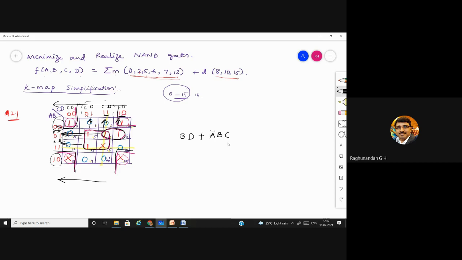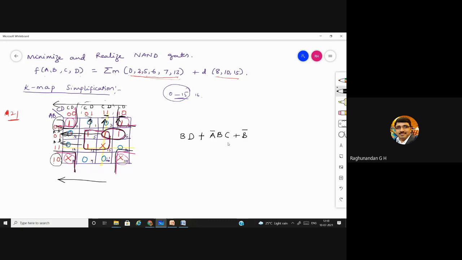For this row, which position is common? See 0, 0, 1, 0. Which position is common? B. And for B, we are having 1 or 0? 0. So you should write it as B bar.